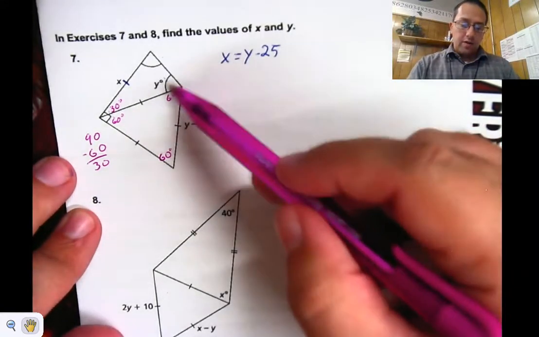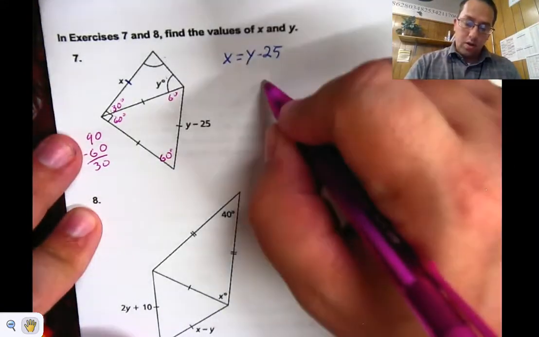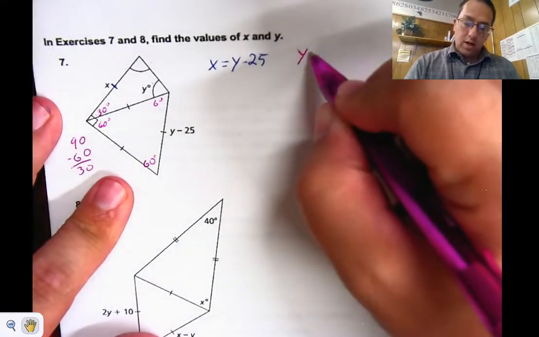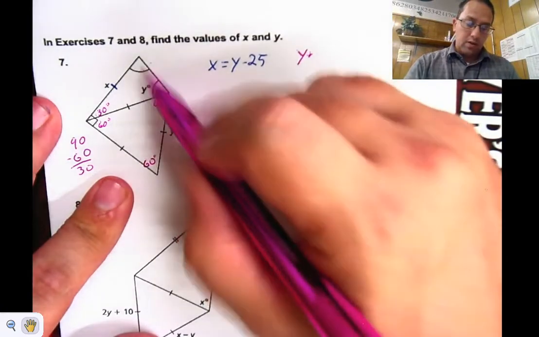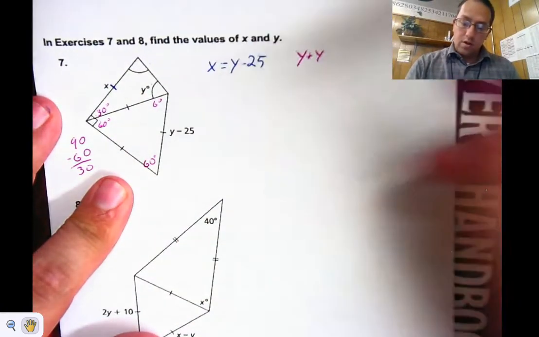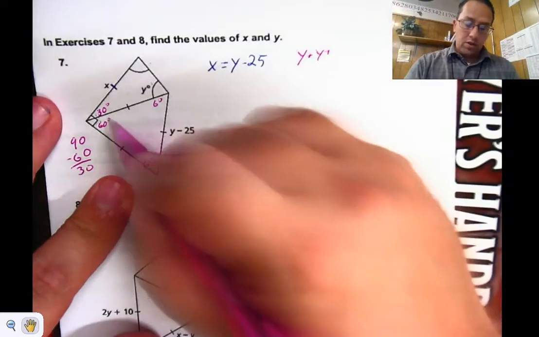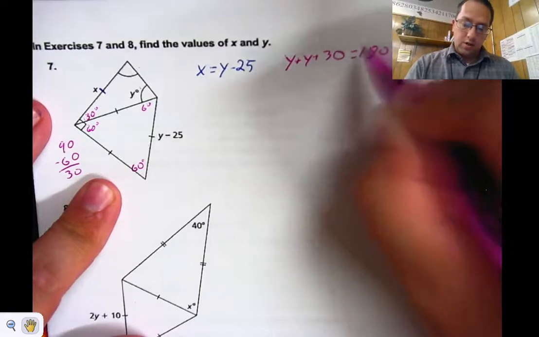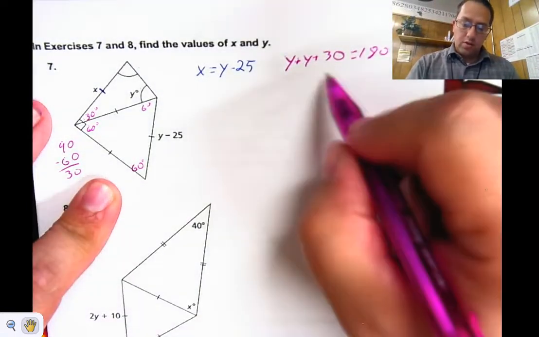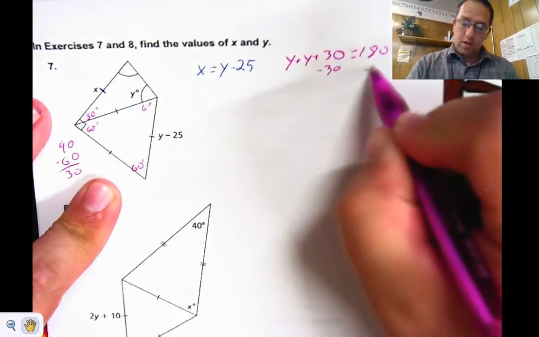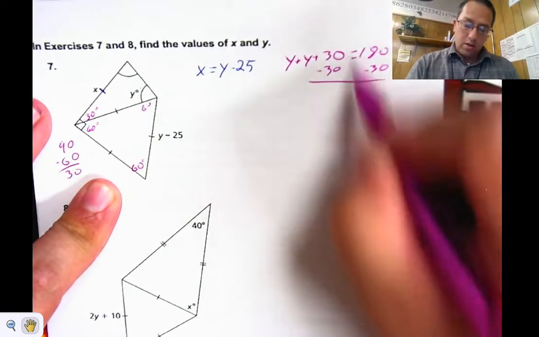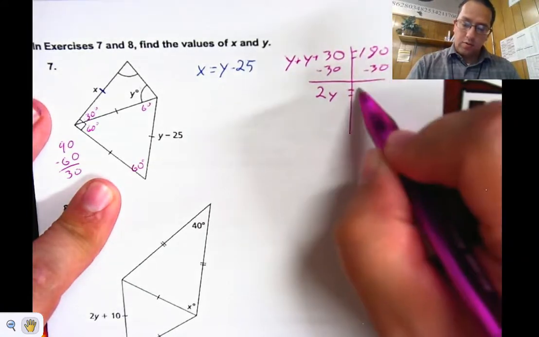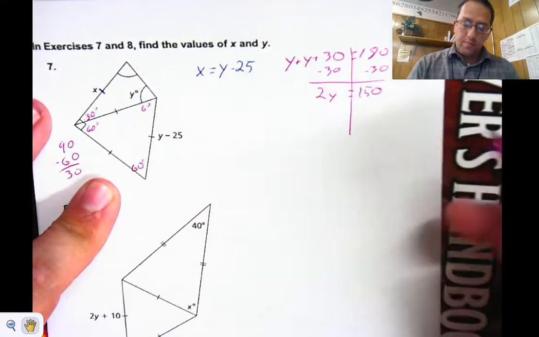Okay, so now I need to find out what y is. I know that all three angles together are 180, so angle y plus this other angle that's congruent to y, so also y, plus 30 is going to equal 180 degrees. Subtract 30 from both sides, and I have 2y is equal to 150.